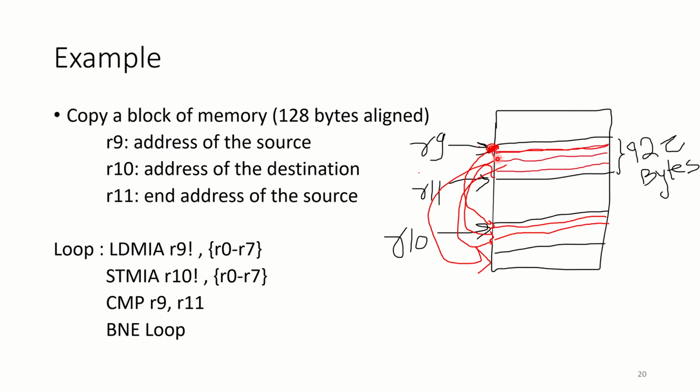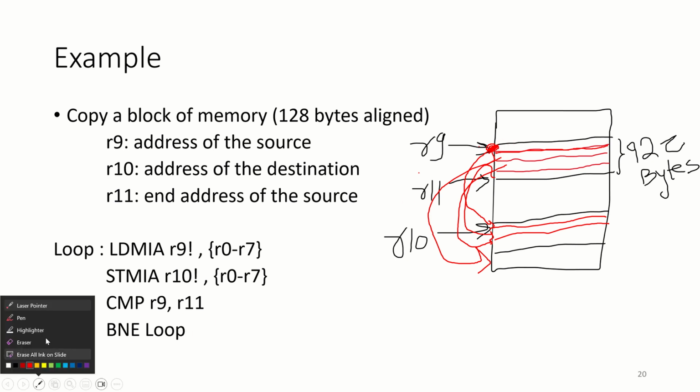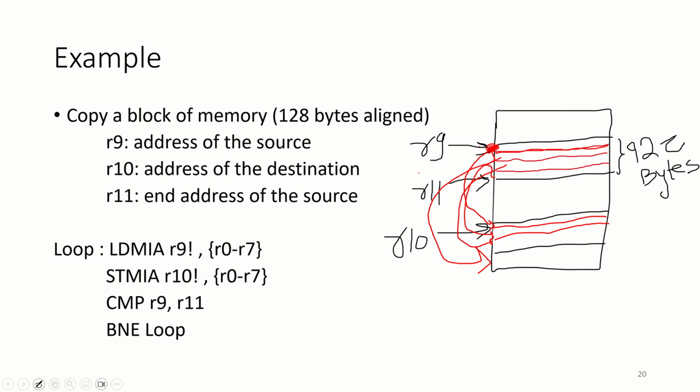Suppose from here to here it is 8. These are going to be stored into R0 to R7.